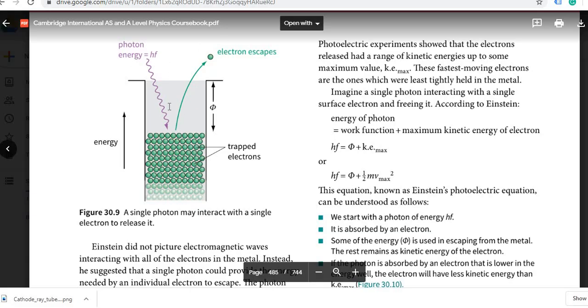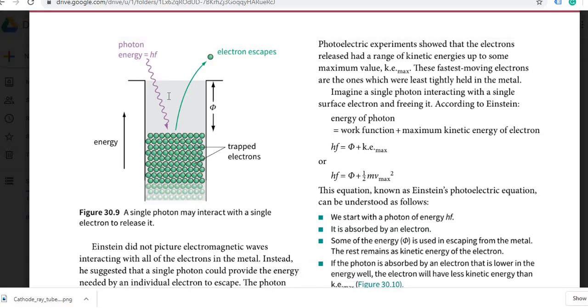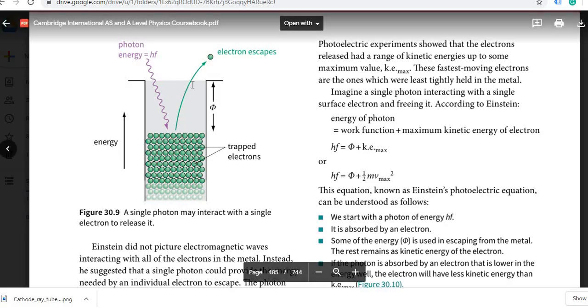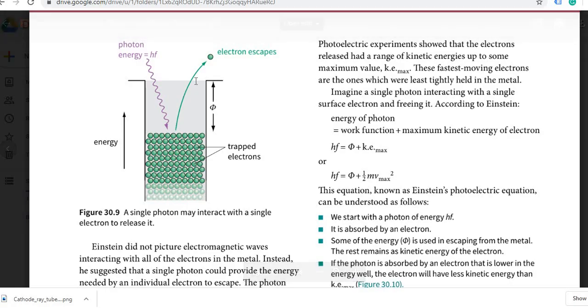Now this is the photon, the electromagnetic wave. It's coming like this. Then the energy from that electromagnetic wave or photon is absorbed, and a part of it is used to bring the electron to here. That is the energy required to remove the electron from the metal surface. So once the electron comes from here to here, so this is the surface of the metal, now the electron is removed. The energy required to remove the electron from the metal surface is the work function phi.